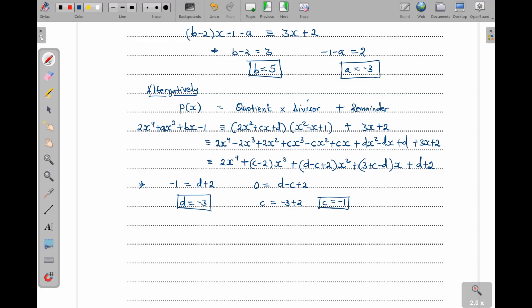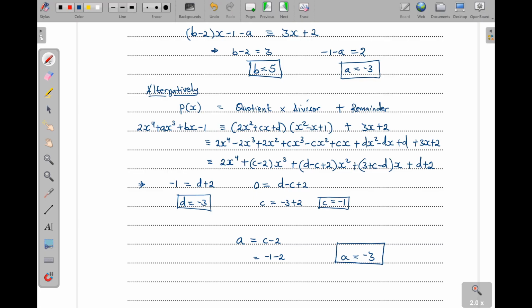Now, we are left with finding a and b. So, for a, that is the coefficient of x cubed, a is equal to the coefficient of x cubed here, which is c minus 2. We shall have our c as minus 1, then minus 2. Do you see that our a is equal to minus 3 as the one that we got here? So that is that.